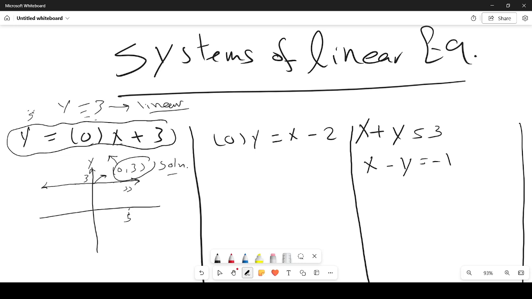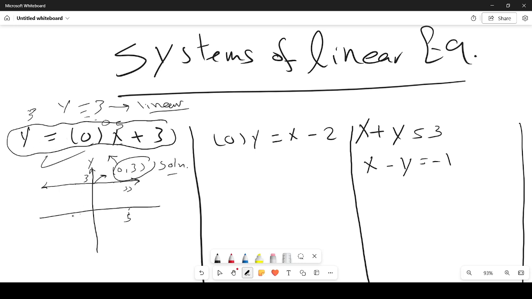So 3 equals 0 multiplied by 5, which is 0, plus 3, and it comes out that 3 equals 3, which is valid.